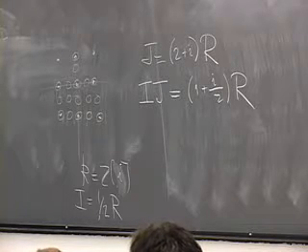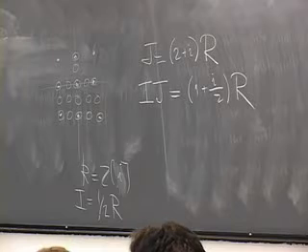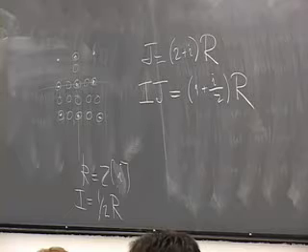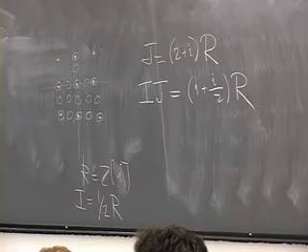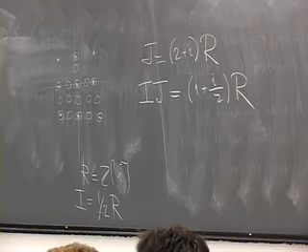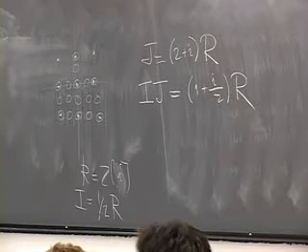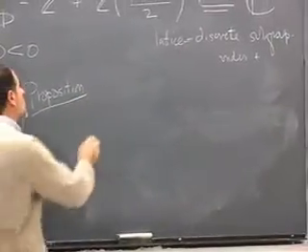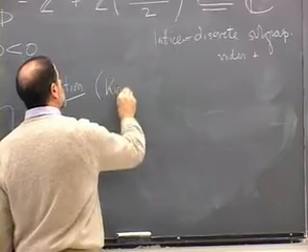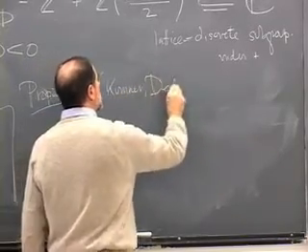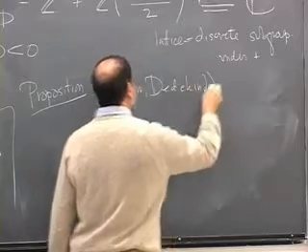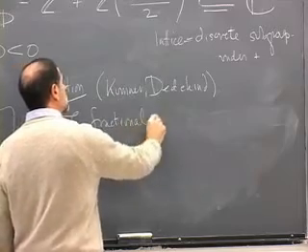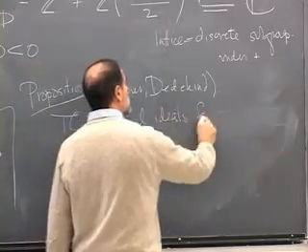Okay. Now the big result, which Peter probably talked about in a slightly different way last time, is the following. Proposition. And this was proved at the end of the 19th century by a number of mathematicians, Kummer, Dedekind, is that, one, the fractional ideals form a group under multiplication.